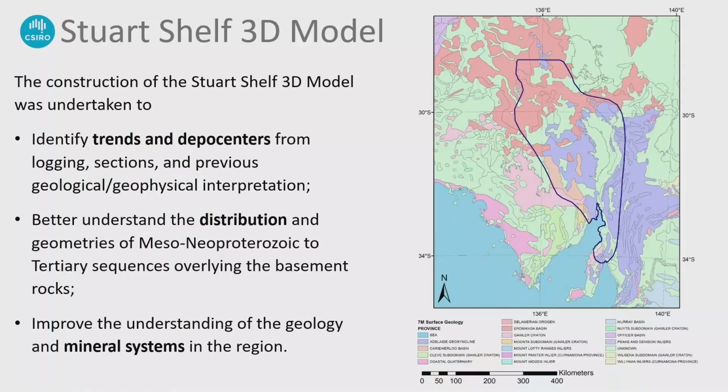This model is just part of a larger project led by Susanna Schmidt, she's here, which aims to better understand the stratigraphy, which includes the style, the distribution, the topography and thickness of those units making the Stuart Shelf, particularly some key lithostratigraphic units that might control copper mineralization in this part of the world.